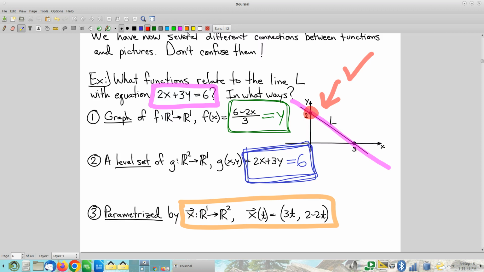What color have I not used? I'll use black. Any vector parallel, and just by subtracting these two points here, I can get this vector. And then knowing this point and knowing that direction vector, a plus t v gives me this formula right here.